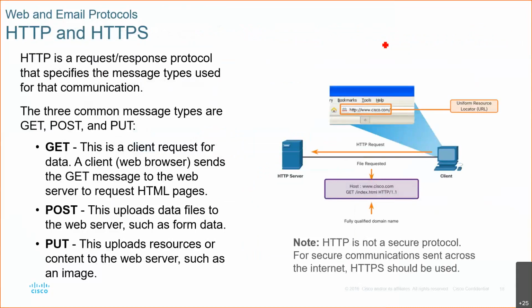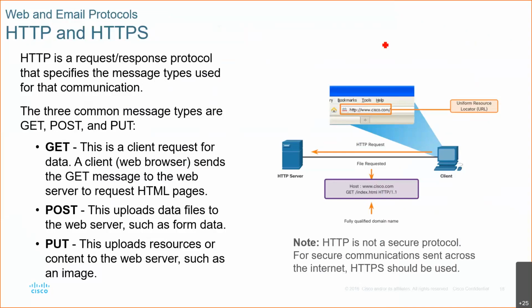Now, if you want a secure connection, you have to use HTTPS rather than HTTP. If you look at HTTP, there are three common messages that it has. One is get, the other one is post, the other one is put. For get, this is a client request for data. That is, a client sends a get message to the web server to request HTML pages.